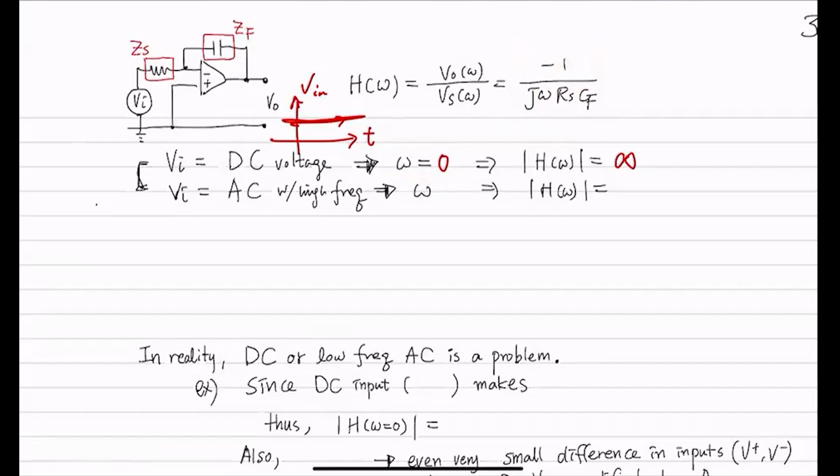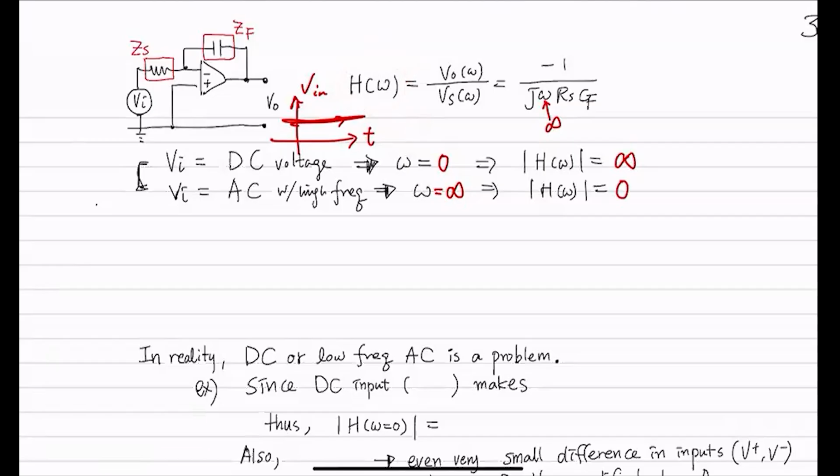And the opposite case, what if we had an input that is an AC voltage with a very high frequency? So your omega is going to be like infinite, and this is infinite here. Then what's going to be the magnitude ratio of your integrator? It's going to be 0, right?